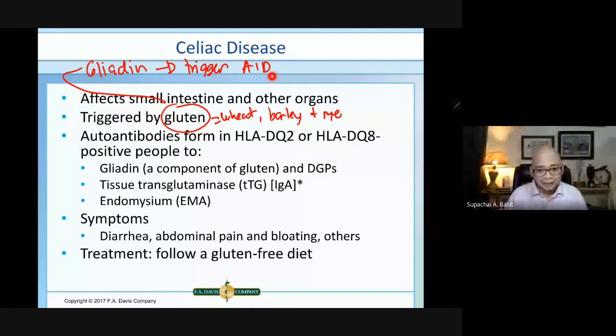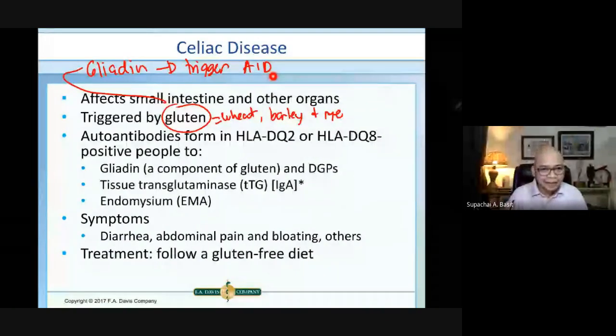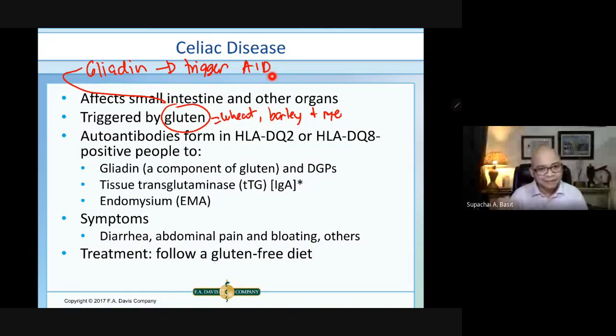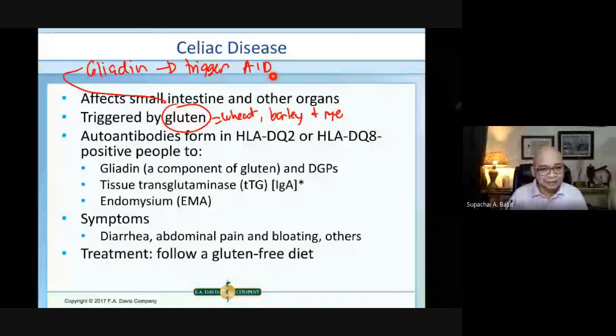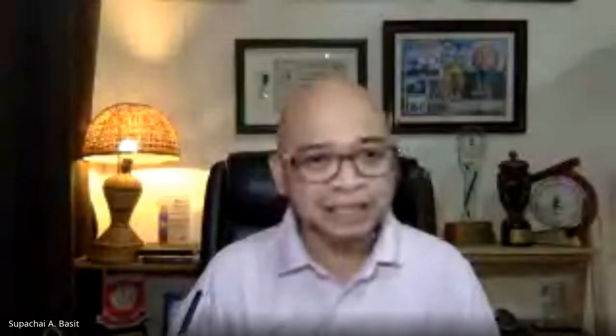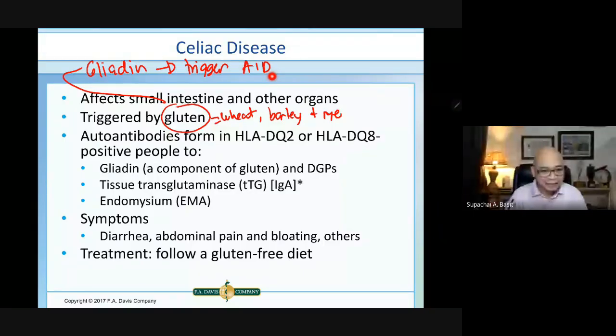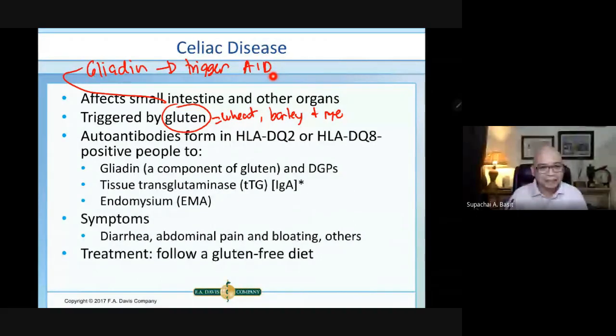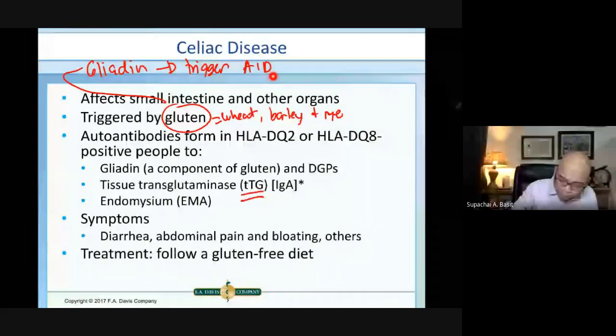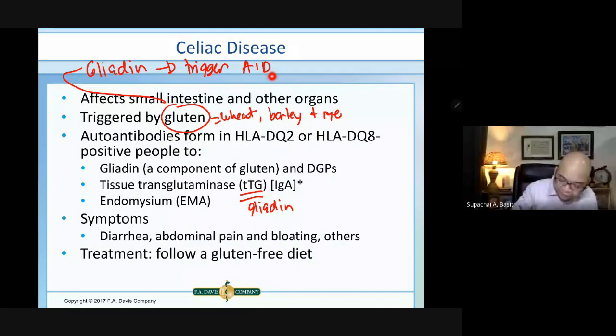Okay? So one of the manifestations that you have celiac disease is the presence of TTG IgA. Okay, antibodies against TTG. TTG is an intestinal enzyme that usually should convert gliadin to glutamic acid.